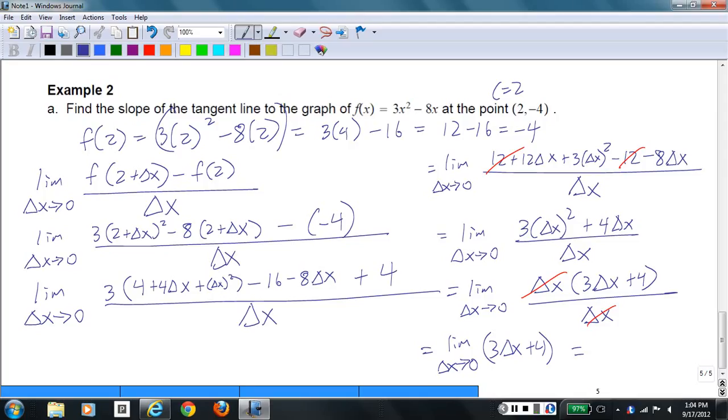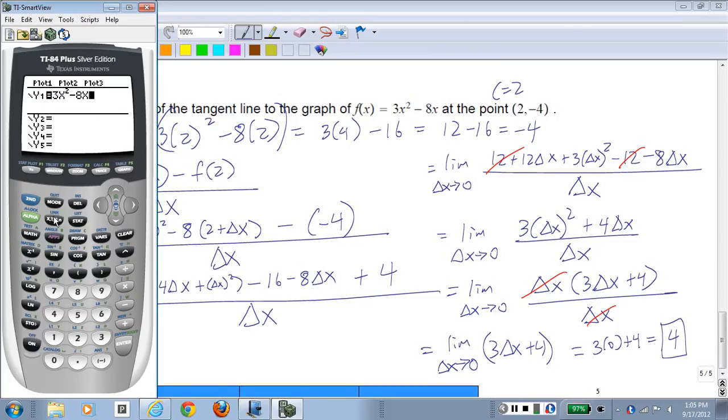Substitute 0 for delta x, and it's going to be 3 times 0 plus 4, which is 0 plus 4, which is 4. So the slope of the graph at this point, the slope of the tangent line, is 4.